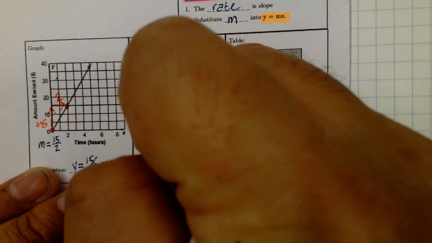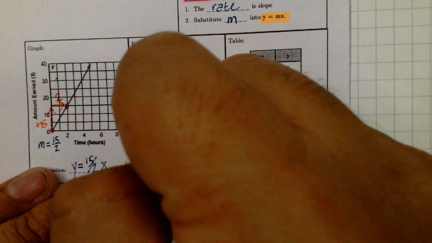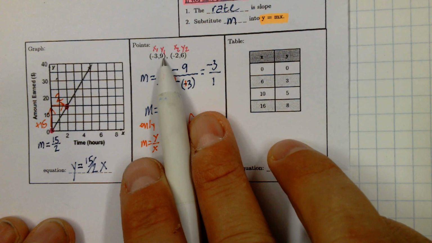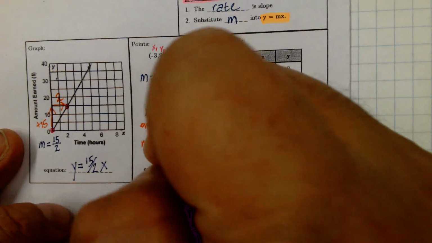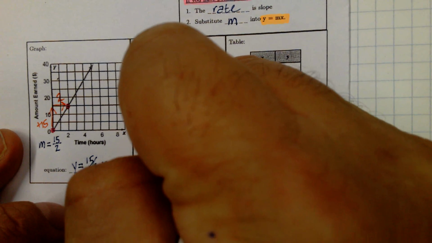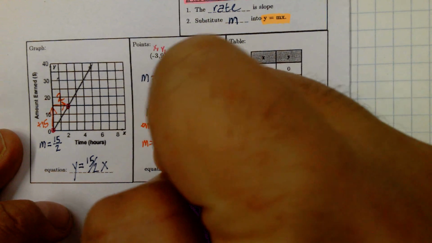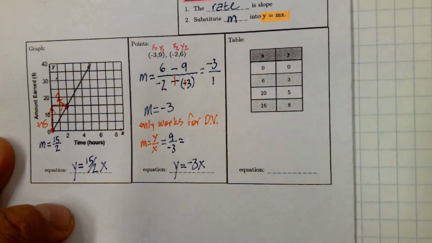We don't need to do the subtraction portion. Meaning the following. Look, here's an x and here's a y. So put the y in the numerator. Put the x in the denominator. And what does that equal? -3.